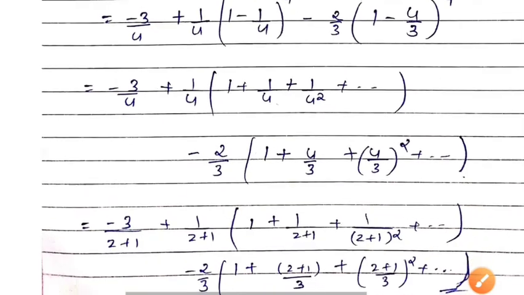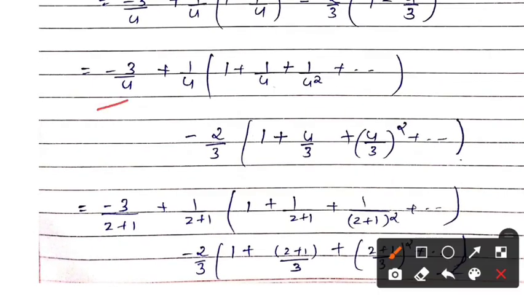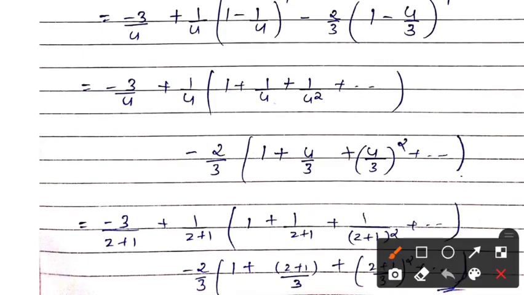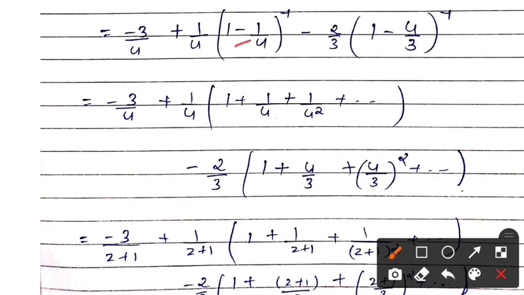Now according to binomial theorem we studied just now, first term will be as it is. Now here also I am having minus sign, and here also I am having minus sign, so all will be plus. So I get 1 plus 1 by u plus 1 by u whole square plus dot dot dot. Similarly, here I am having minus and here minus.